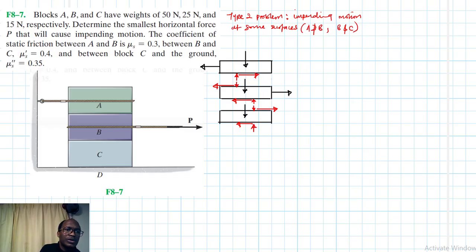Right, so let's label this. We are going to call this one WA. This is block A. This is block B, and this is block C. So WA, let's call this one just T. This one is P. This is WB, and this one is WC.